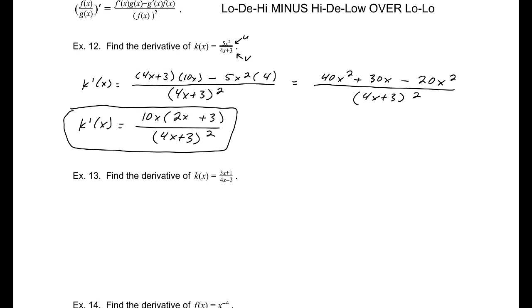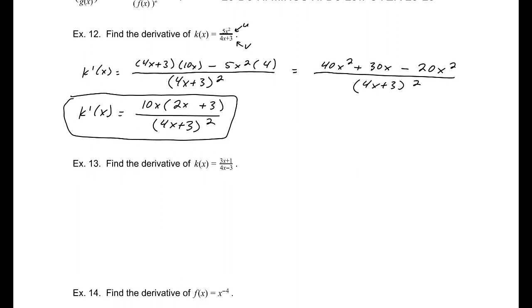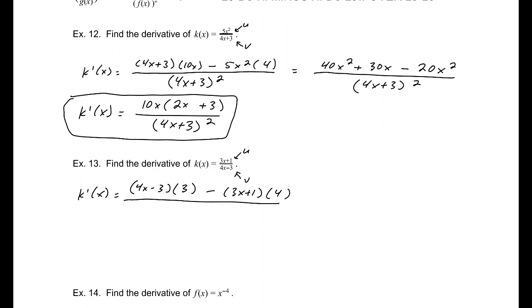Number 13, find the derivative of this function. All right, well, if here is our u and this is our v, then our derivative, k prime of x, low d high, so that is 4x minus 3. Derivative of that is 3. Minus high d low, 3x plus 1. D low is 4 over 4x minus 3 squared.